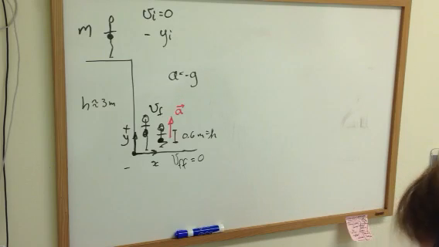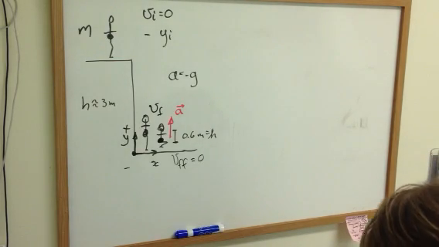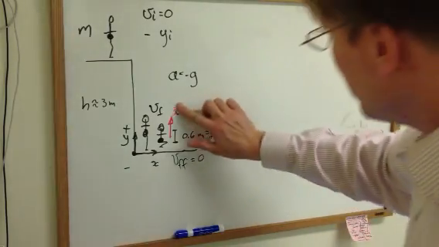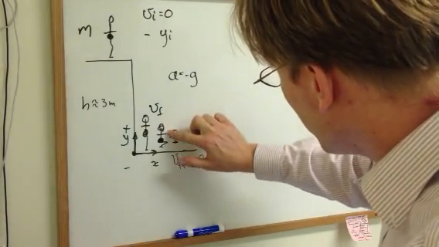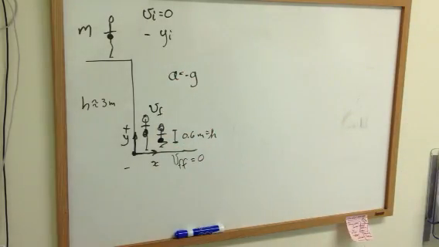A free body diagram is one which shows the force vectors. So what are the forces on this guy as he's slowing down?